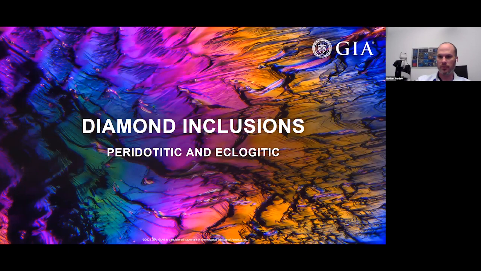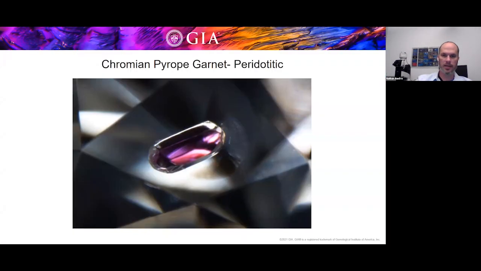And then you have eclogitic, which is when you have these high pressure conditions in the upper mantle, typically from subduction zones. And those two conditions give us two very distinct sets of mineral assemblages. And so we can identify the type of growth condition the diamond formed in when some of these distinct minerals are present in a diamond.